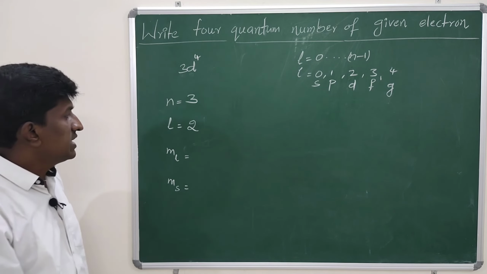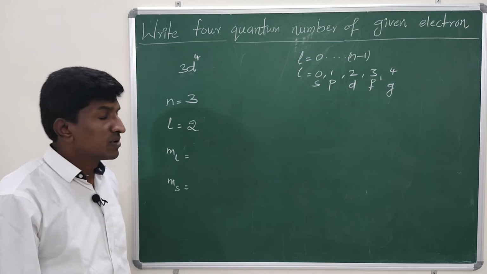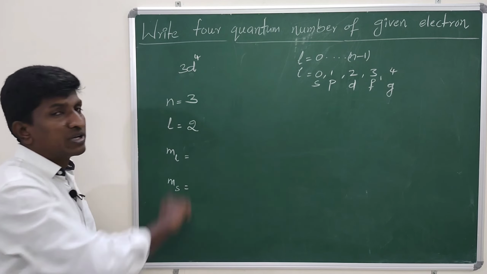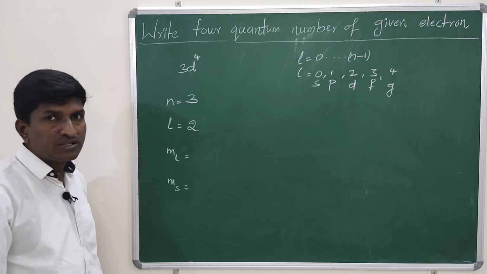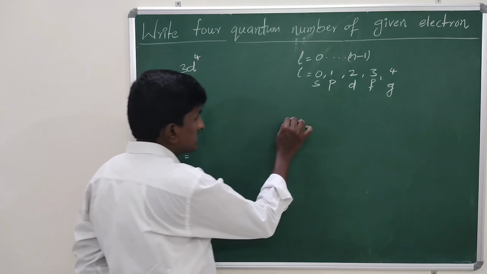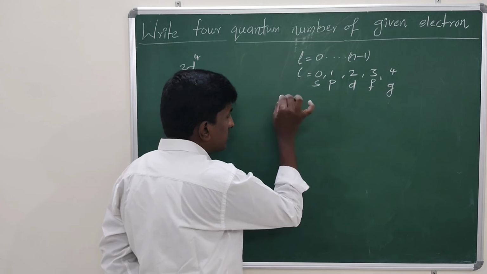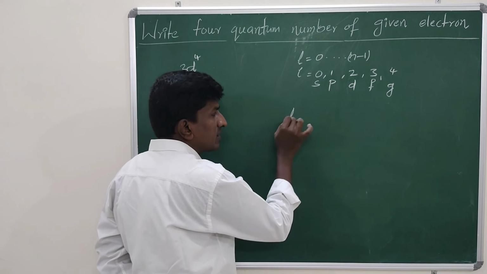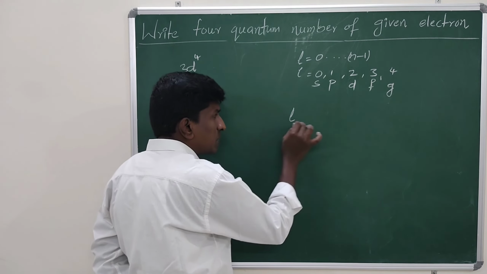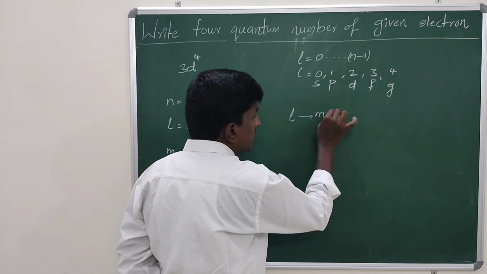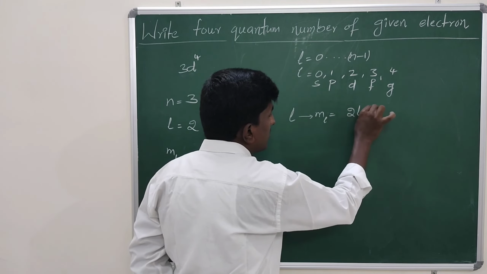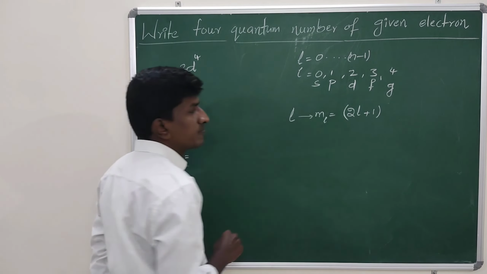This is the angular momentum quantum number for the 3d orbital. Now come to the magnetic quantum number. Just before, we discussed that the magnetic quantum number depends on the angular momentum quantum number. So for any given l value, the ml values number 2l plus 1.